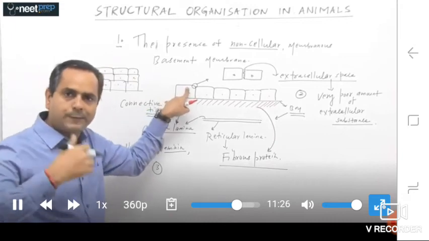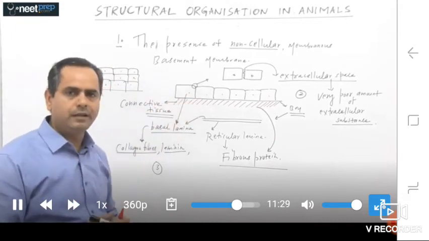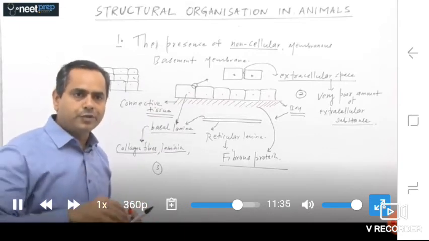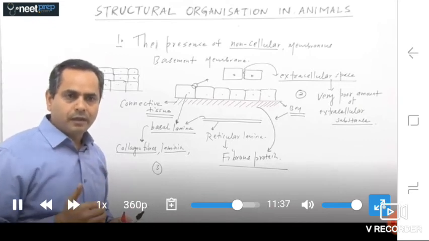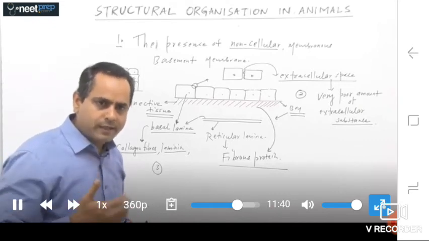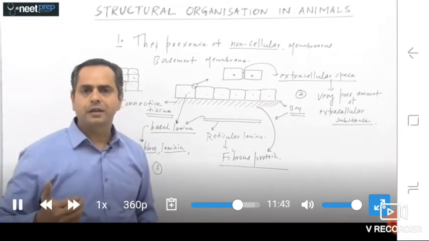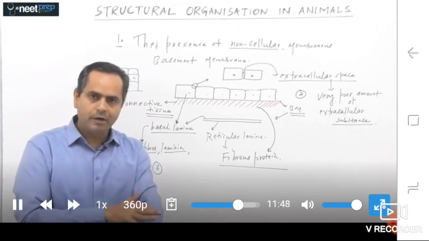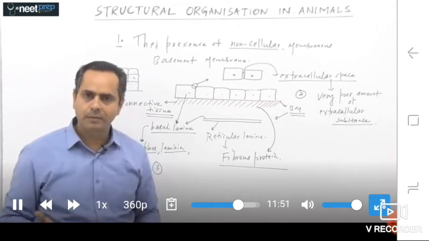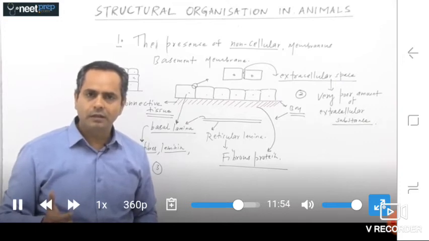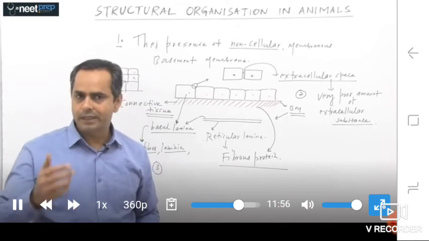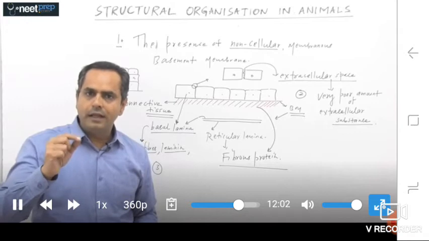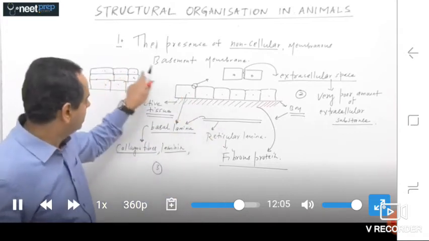This apical layer, the exposed upper area of epithelial tissues, always faces either the external environment, like our skin, where the compound epithelia is above the skin, or the inner body fluids, like the simple epithelia present in our blood vessels. Here is apical and here is apical.